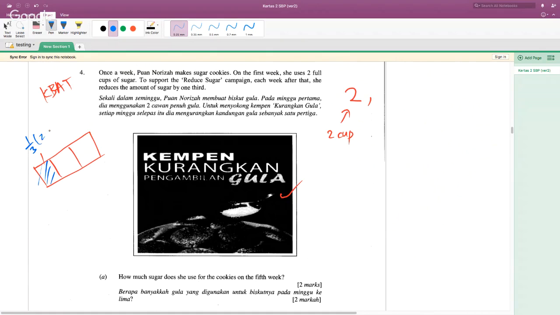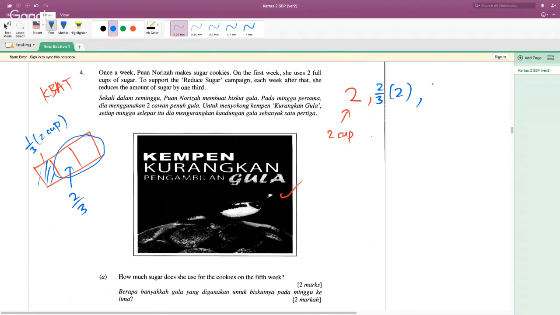If you reduce 1/3 already, you still have 2/3, isn't it? So the next one will be 2/3 multiplied by 2.